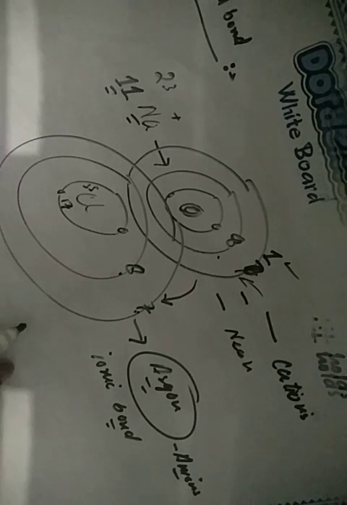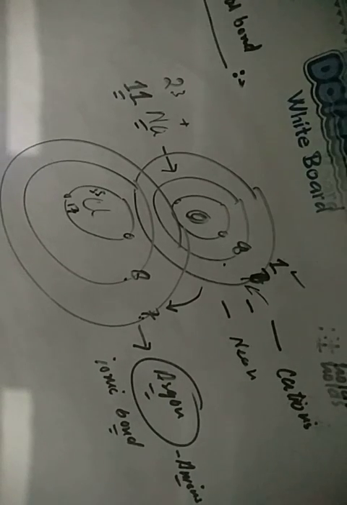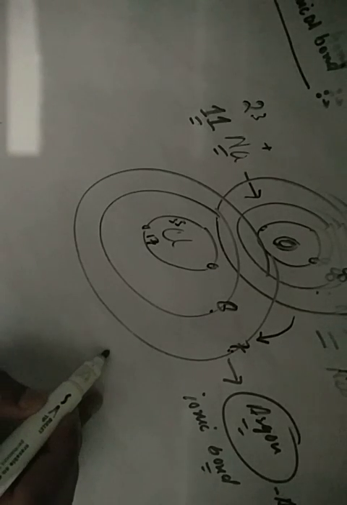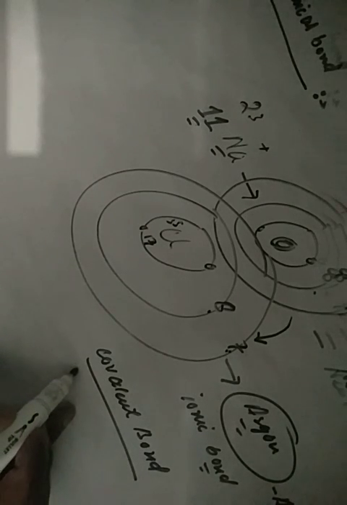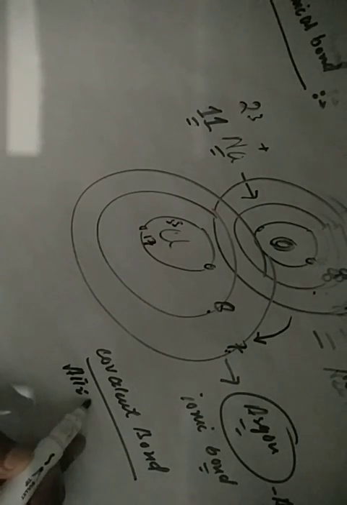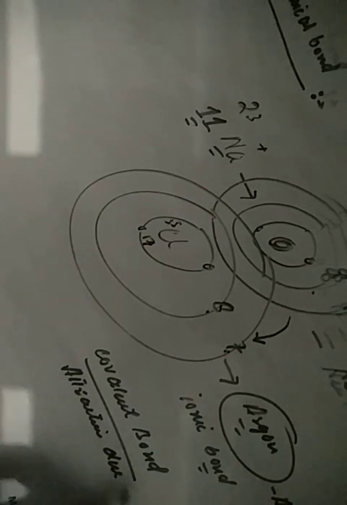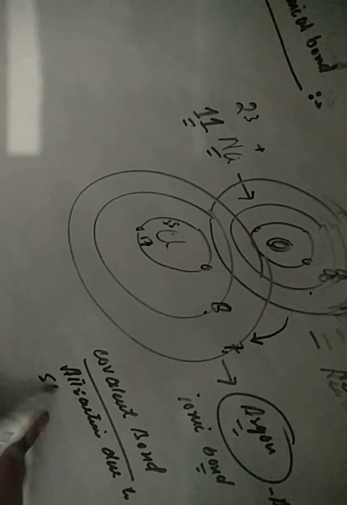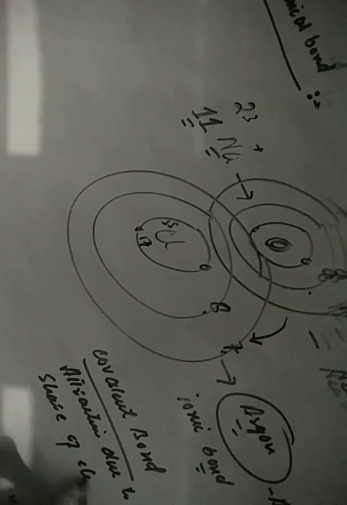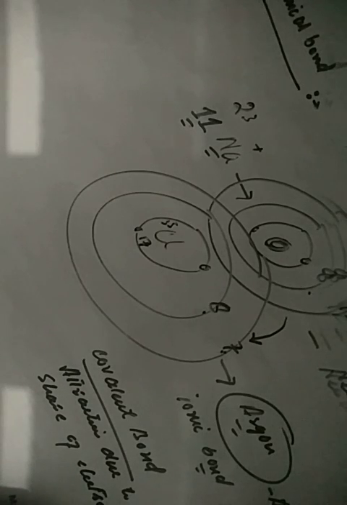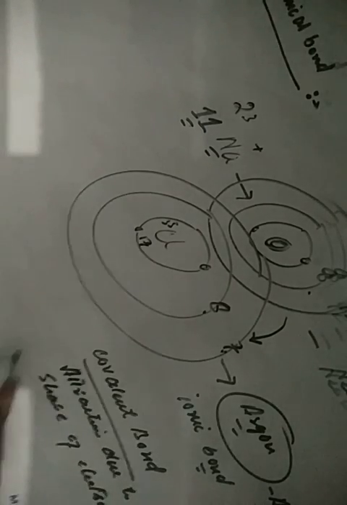The covalent bond is formed between non-metals. It is the attraction due to the sharing of electrons between two atoms.